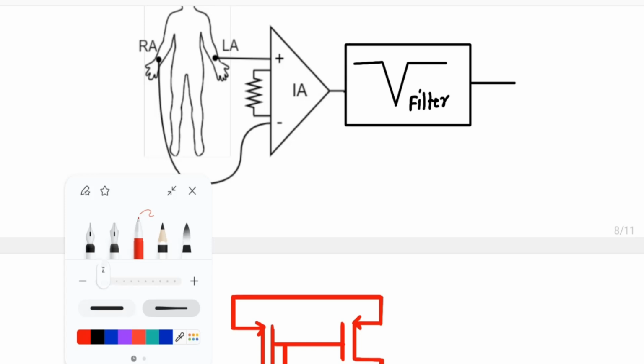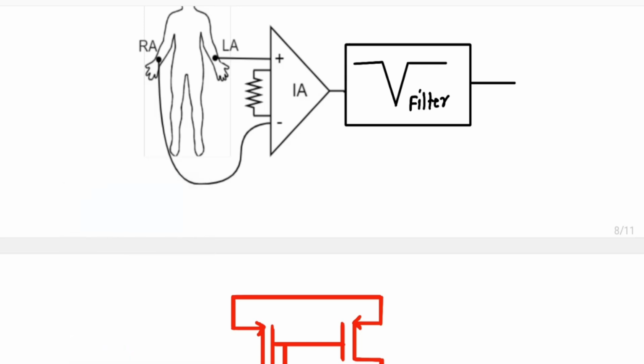Now they have a setting that it's 10 per millivolt. So for a smaller signal, 1 will be 1 by 10 millivolts.